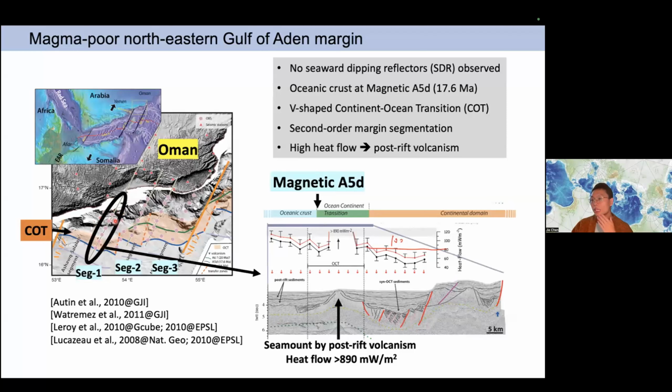In segment 1, we can see in the seismic reflection data a volcanic seamount with very high heat flow currently.